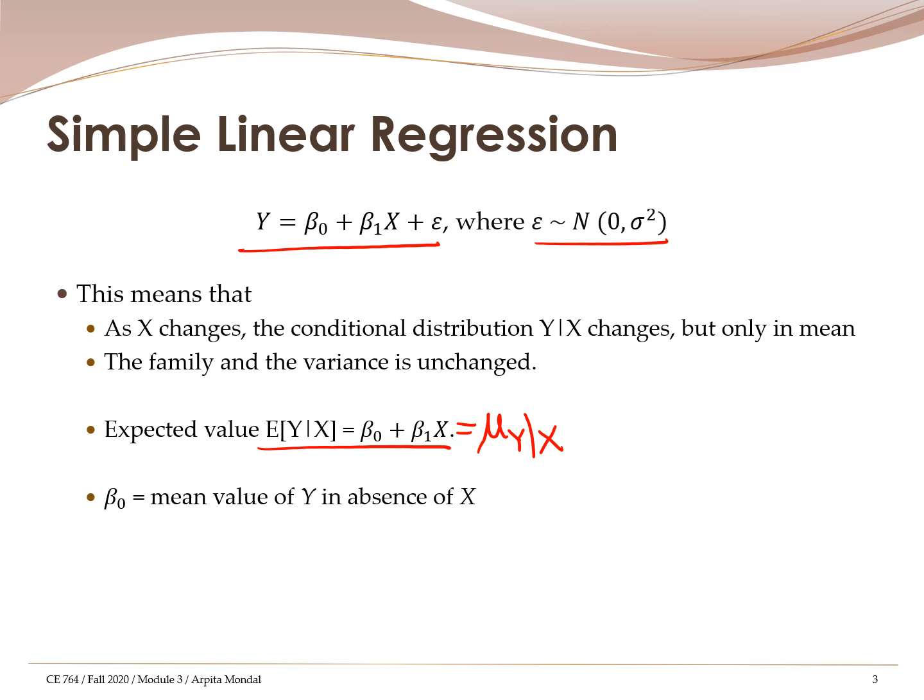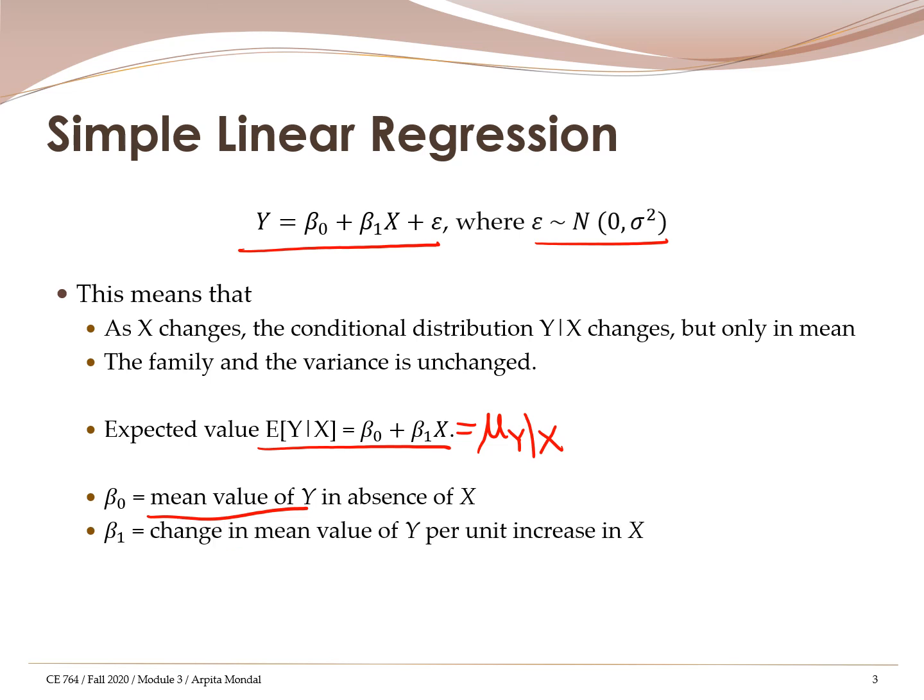So physically, beta naught is the expected value of y, the mean value of y, if there were no x. If there were no x, the expected value would remain constant, and that is nothing but the intercept term, beta naught. So what would be the mean value of y in absence of x? That would be given by the intercept term beta naught.